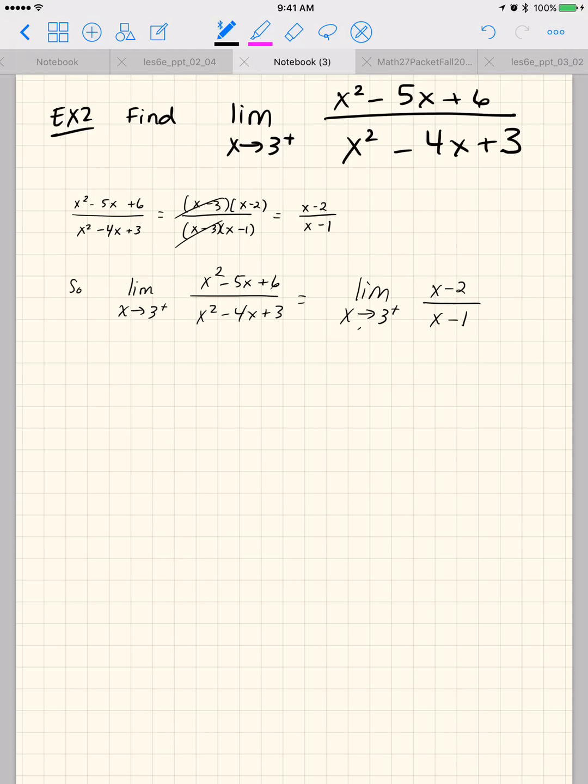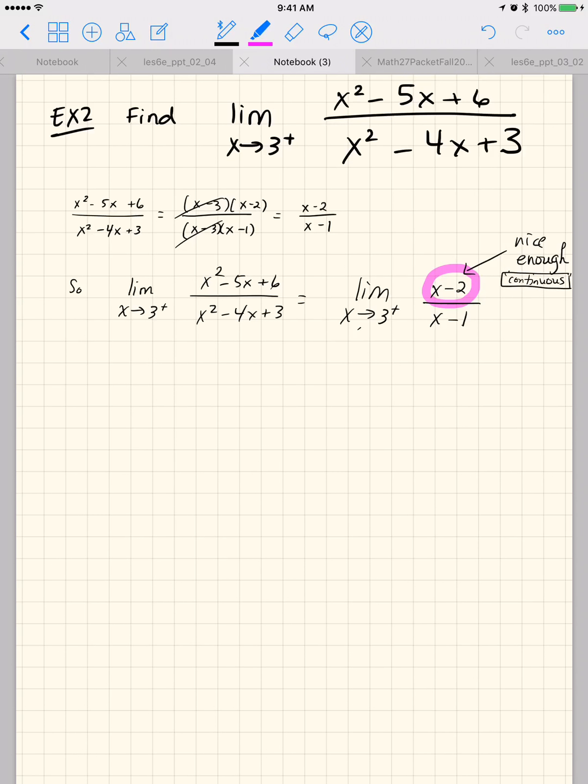Notice that here the numerator is nice enough, in other words continuous, and you're getting practice for your continuous functions.